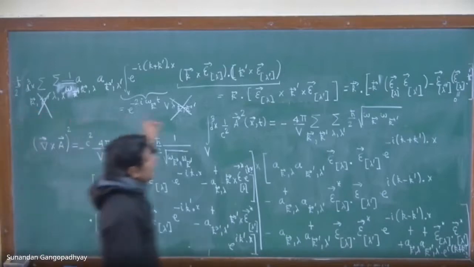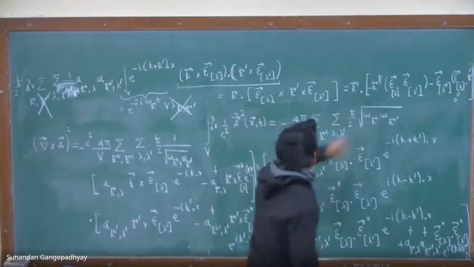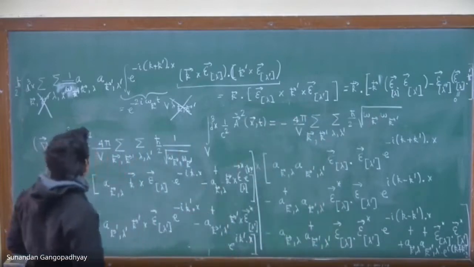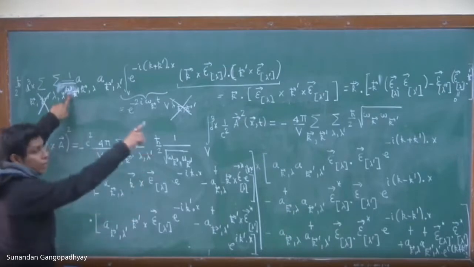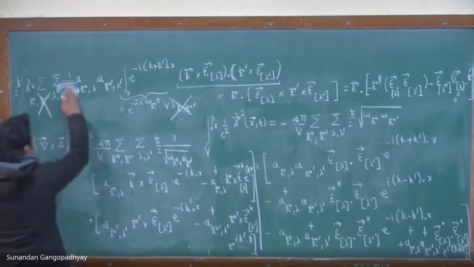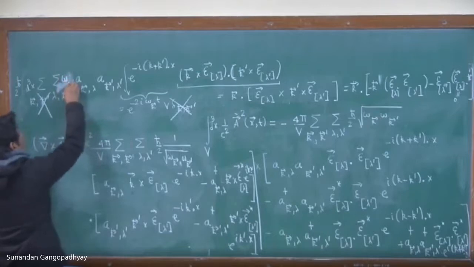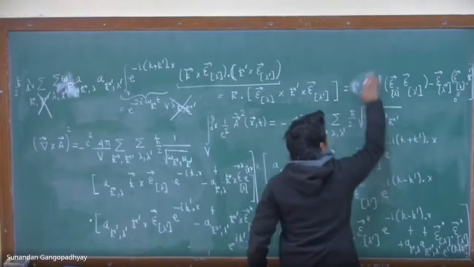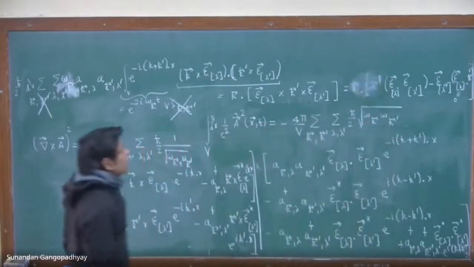But c square into k square will be omega k square, and therefore this omega k and omega k square will get cancelled, and you will have the omega k on top. So this term is also gone.